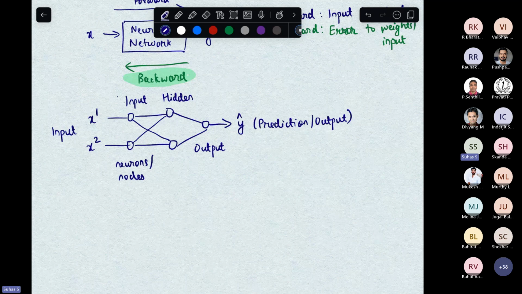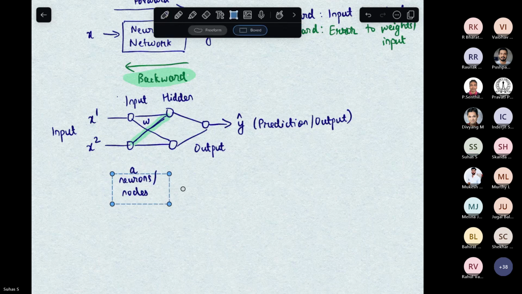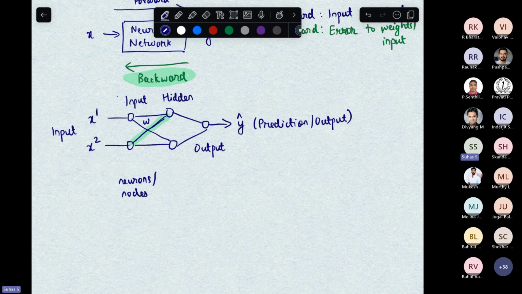So, like I said, these neurons or nodes are where the operations happen, and each of these connections, maybe I'll highlight it, these connections link two nodes through some weight characterized by W. So every node I'm going to notate with the letter A. So maybe I'll call this A1.